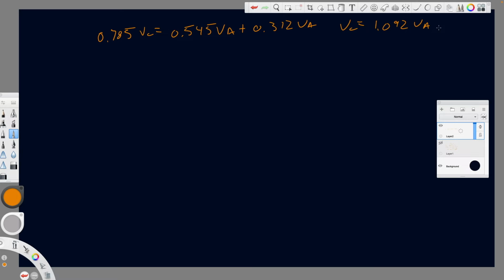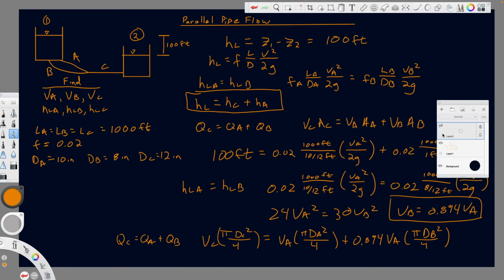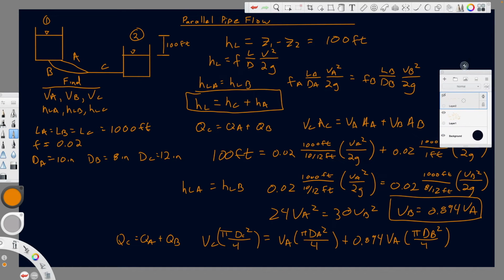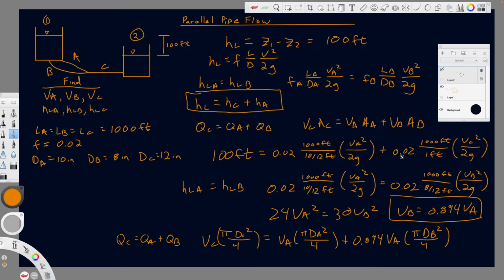So now we have a direct relationship between VC and VA. Now we can take that and plug it back in. This is going to be a little bit messy. To this equation here, right? Because that's all we needed was VA and VC.